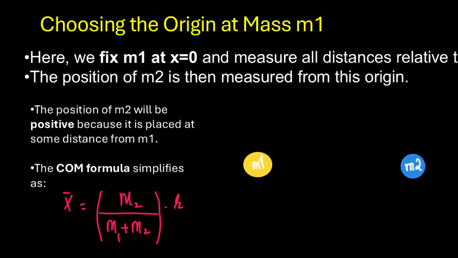So if we have the origin at the mass m1, or rather if we place m1 at the origin, then we have m1, the center of mass and m2 along the x-axis, where m1 is placed at the origin, and then we are supposed to find the center of mass.